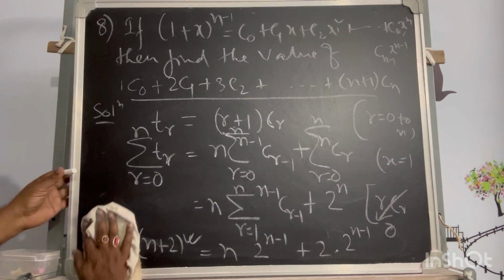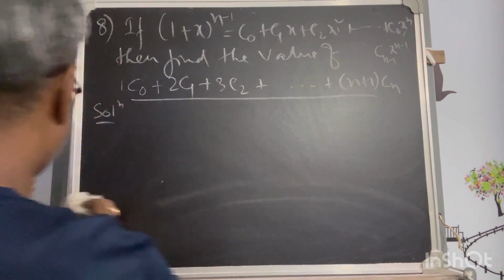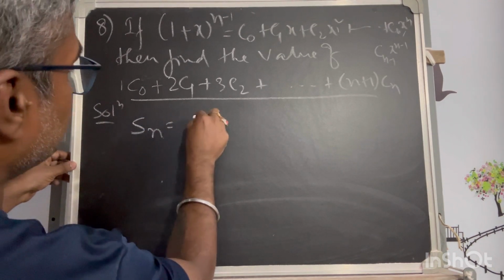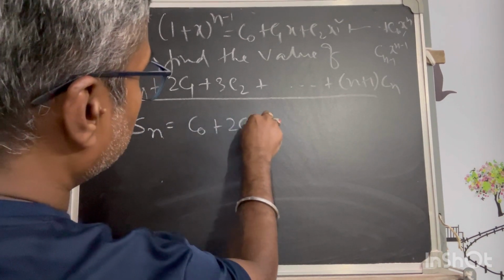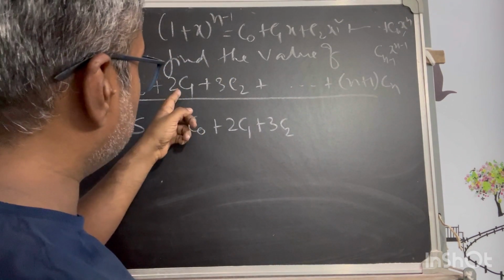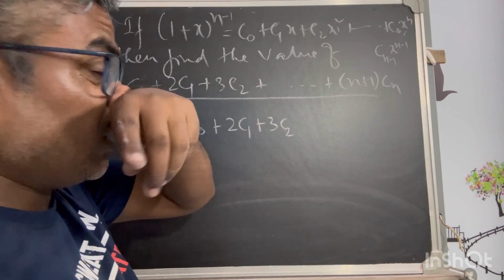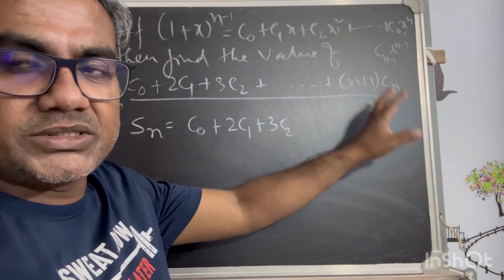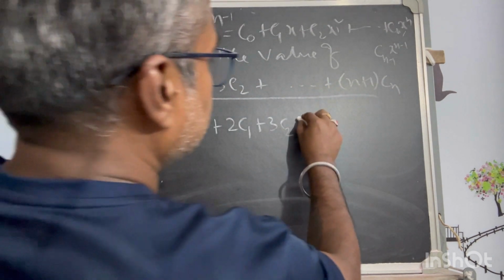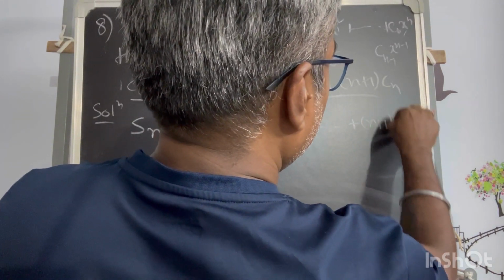Now another alternate way of solving this: if I say this is Sn, it is C0, 2C1, 3C2, and so on. Why am I saying this? Because this is progressing in an arithmetic manner. Every coefficient is increasing by 1. It is an AP series kind of thing of natural numbers. Plus dot dot dot, the series ends here, n plus 1 into Cn.